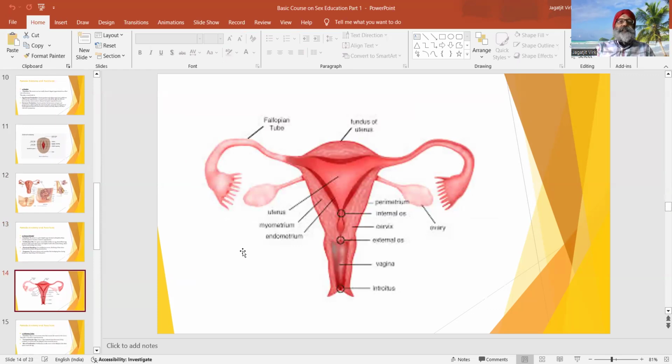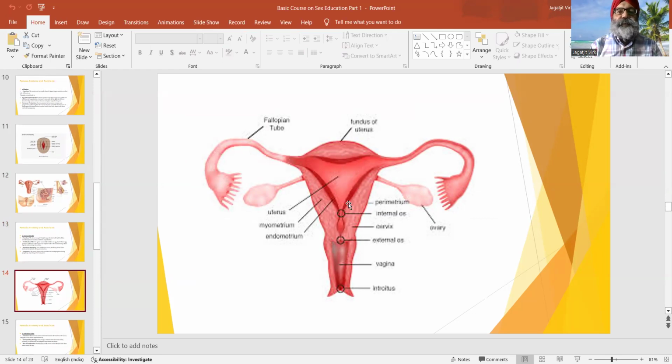This is again a uterus. These are the fimbrial end and the fallopian tubes. This is the fundus of the uterus, and this is the inside of the uterus.